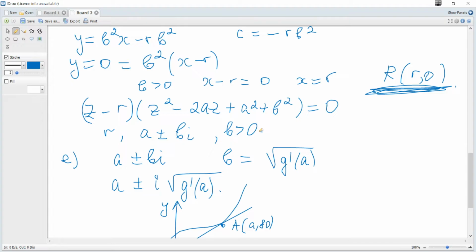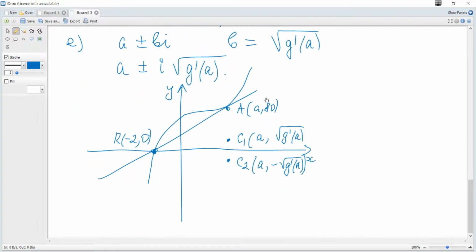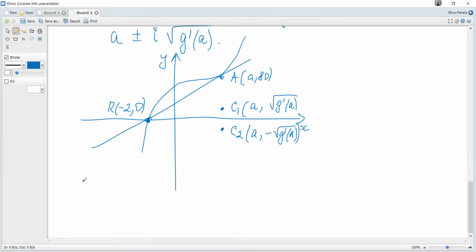And the following diagram shows a particular curve of the form y is (x minus r)(x squared minus 2ax plus a squared plus 16), and the tangent to the curve at the point A with coordinates (a, 80).